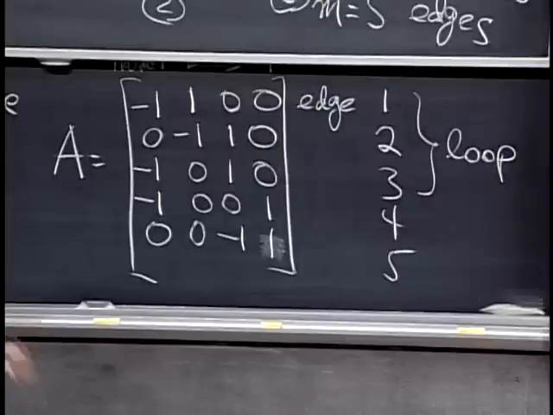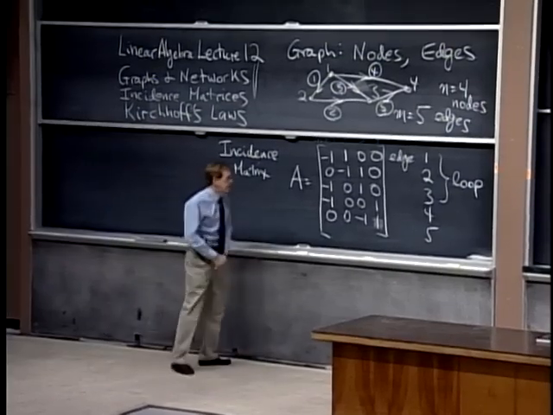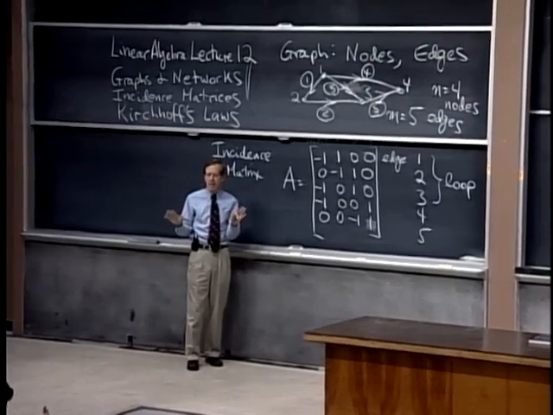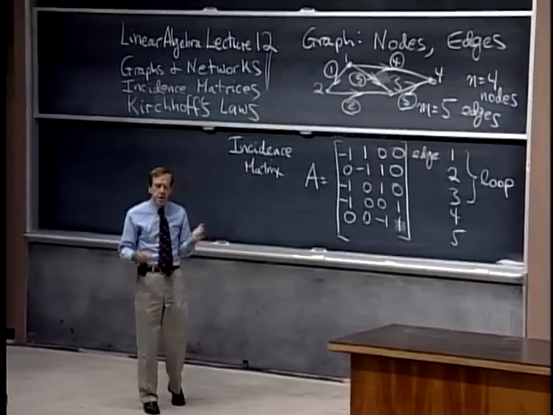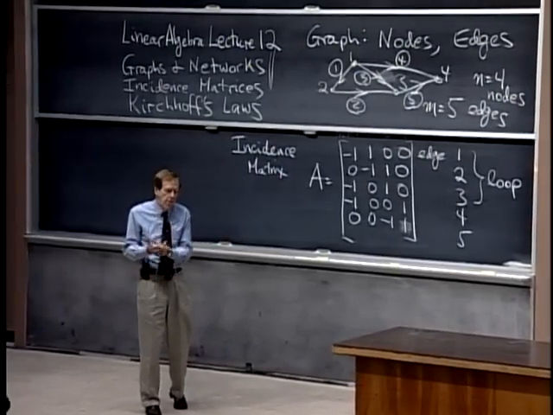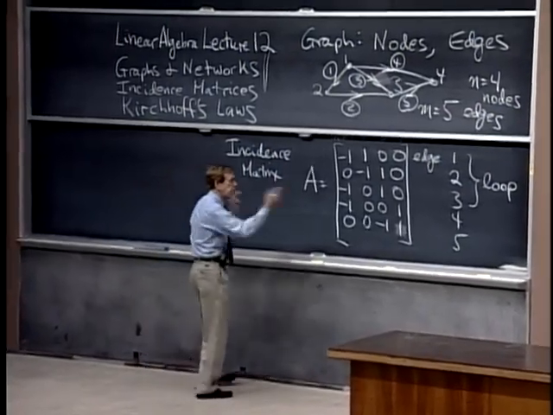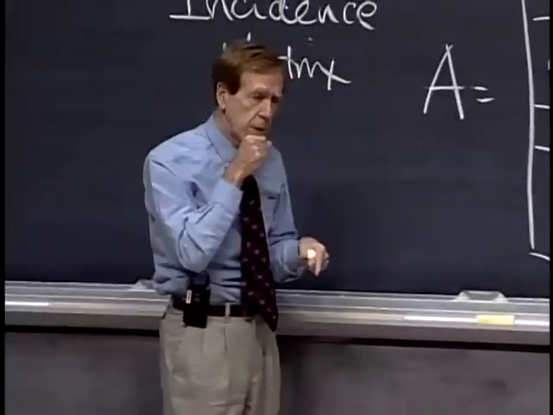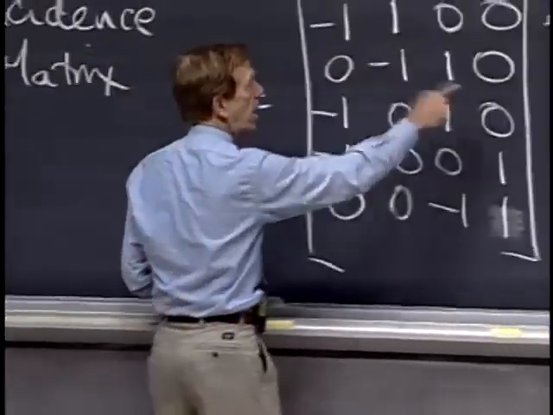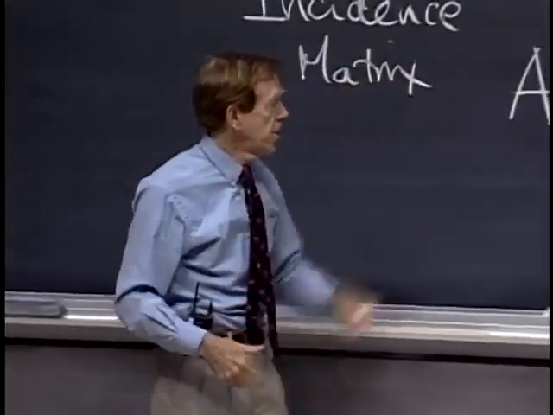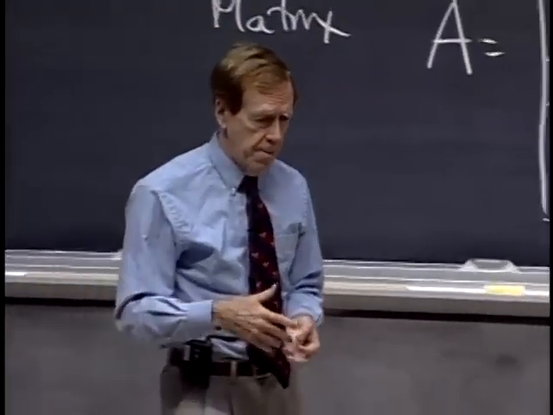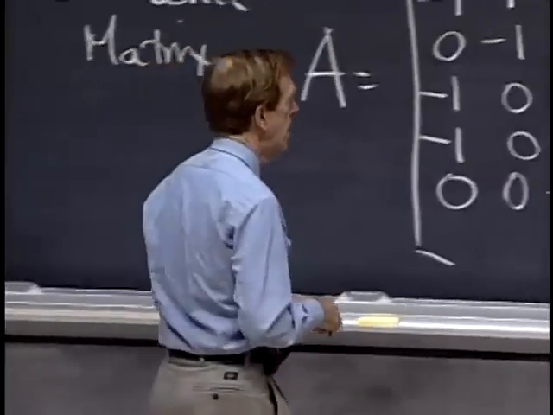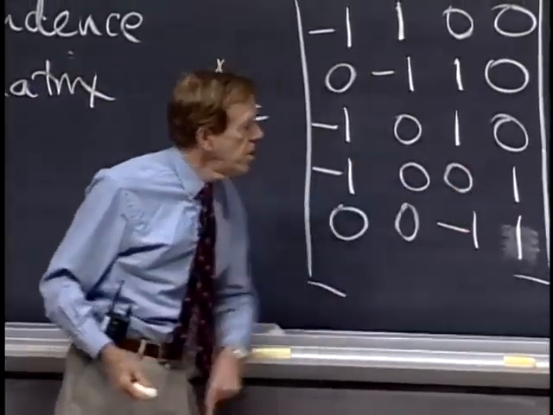And what questions do I ask about matrices? Here's the review now. There's a matrix that comes from somewhere. If it was a big graph, it would be a large matrix, but a lot of zeros, right? Because every row only has 2 non-zeros. So it's a very sparse matrix. The number of non-zeros is exactly 2 times 5.